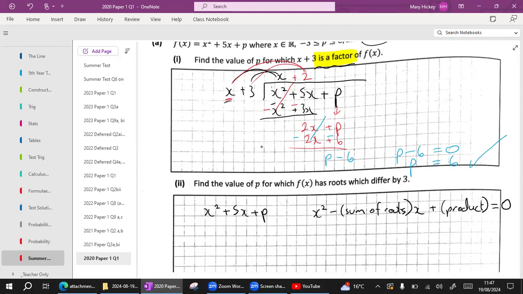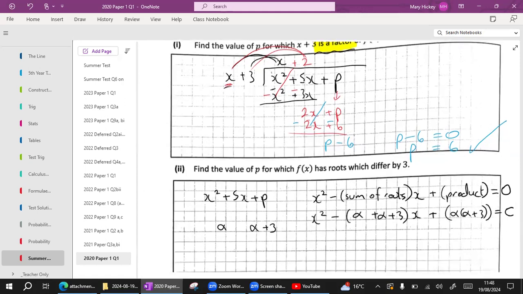Now, if they differ by 3, we can call one root, for example, alpha, and the other one alpha plus 3. We don't know what alpha is, but we know that they differ by 3. So essentially, what would normally go here is the sum of the roots, 2 alpha plus 3, times x, and then I'd have the product over here, which would be alpha times alpha plus 3.